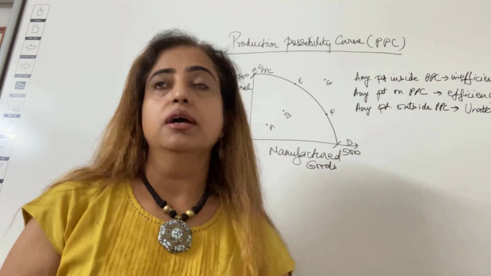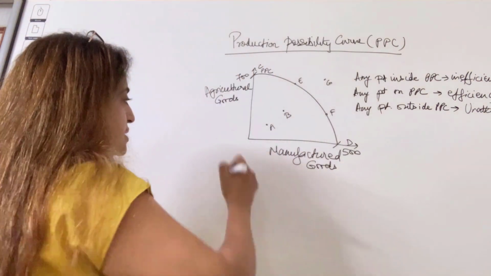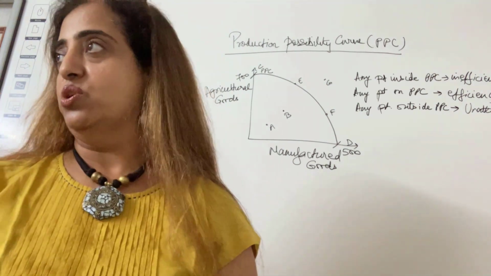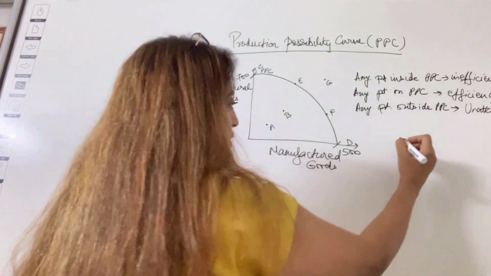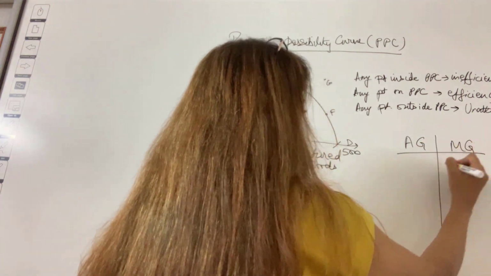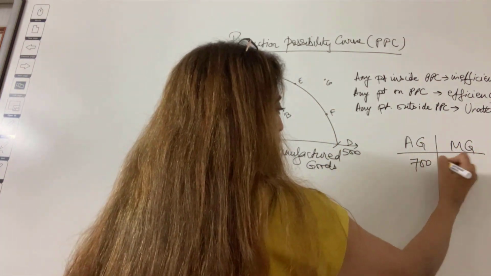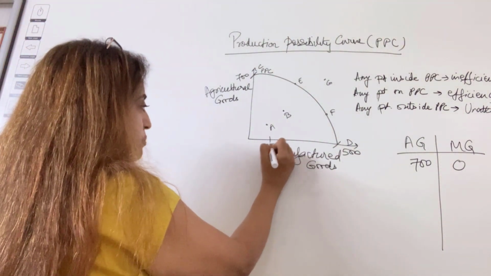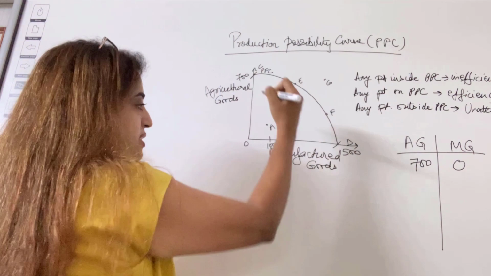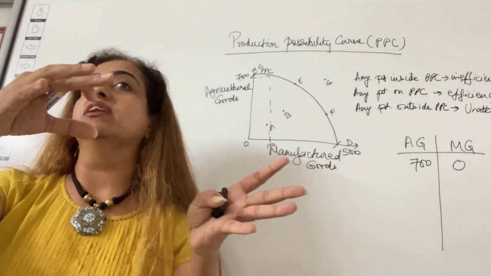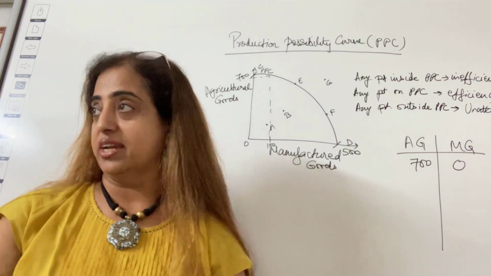Opportunity cost. Earlier, let's say the country was putting all the land, labor, capital, enterprise and making 700 units of agriculture. So agriculture was 700, and it was 0 of manufactured. Now if they want to make 100 units of manufactured, can they make 700 of agriculture? No, because some of the land, labor, capital and enterprise will go into making the manufactured goods.